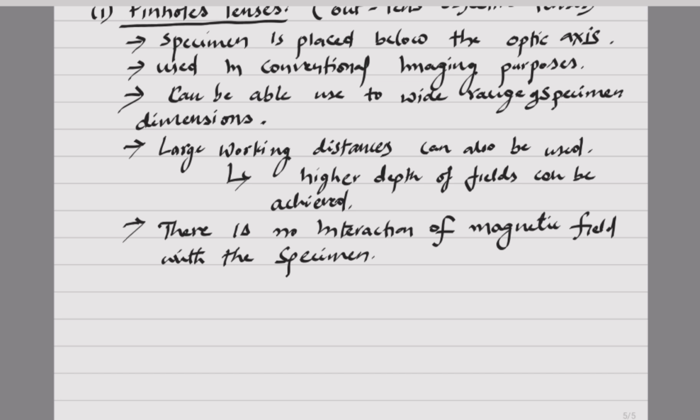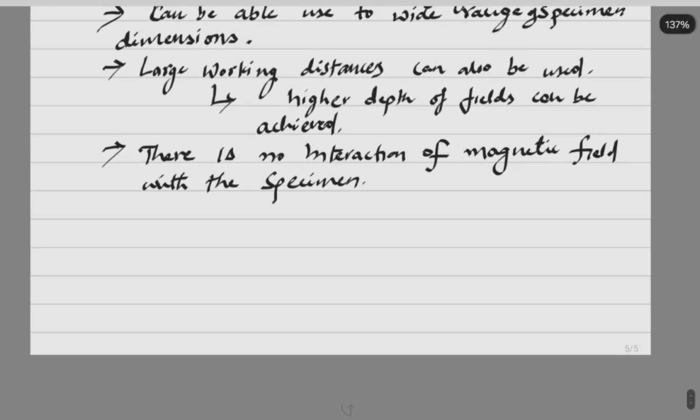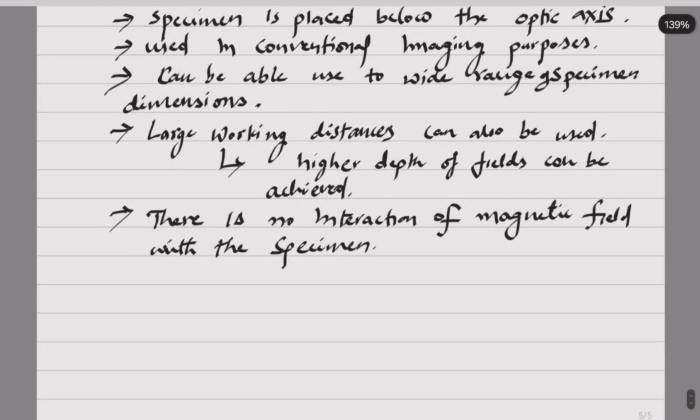At the same time, we can also see large aberrations or defects, so there may be a reduction in resolution because of lens aberrations.